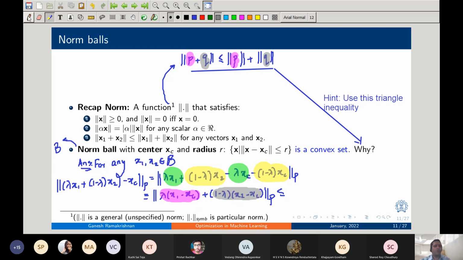I hope the rest is clear. When you do this expansion, you'll get lambda times the norm of x1 minus xc plus 1 minus lambda times the norm of x2 minus xc.